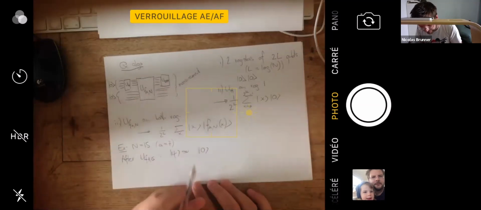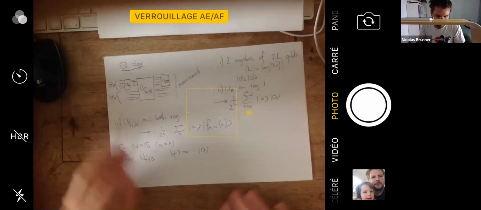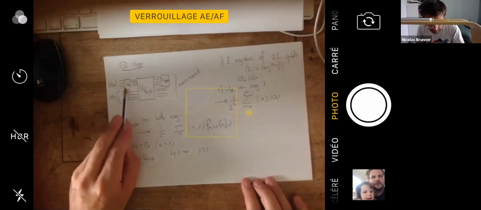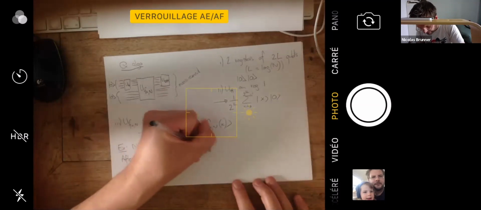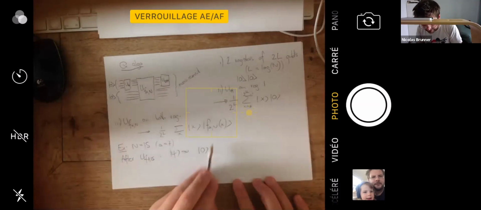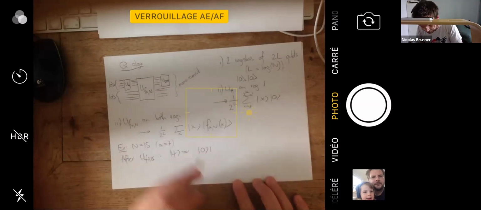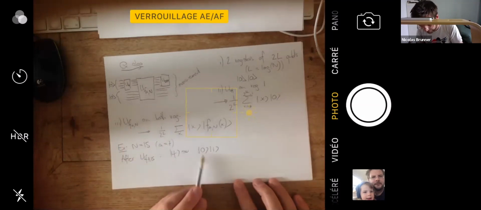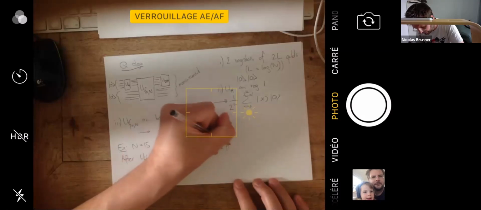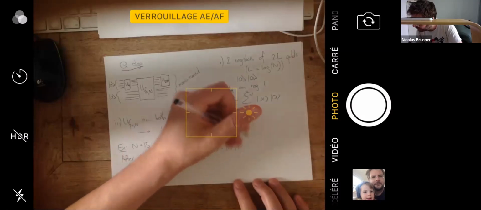In the first register, I have all the possible inputs, right? Because I applied the Hadamard here. And in the second register, I have the associated value of the function. So the first term is 0, 1, so 1 is the image of the function at x equals 0. Then I would have 1, 7.